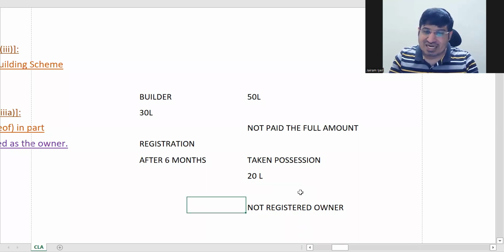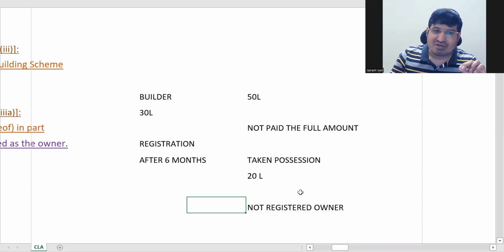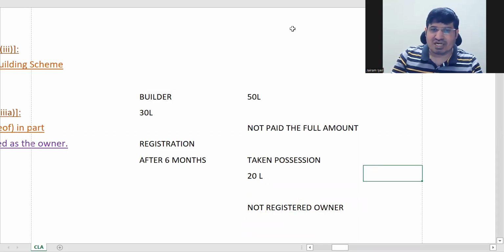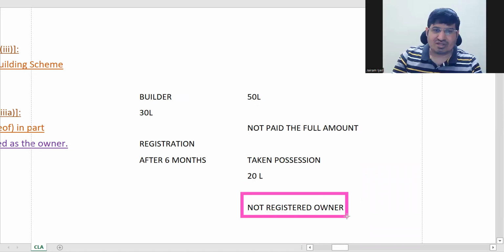But he has started staying here, so he is using complete ownership rights. He is staying in that property. Who should pay the tax, the builder or this person? Who should pay, do you think? The builder is the registered owner, but this person should pay, correct?